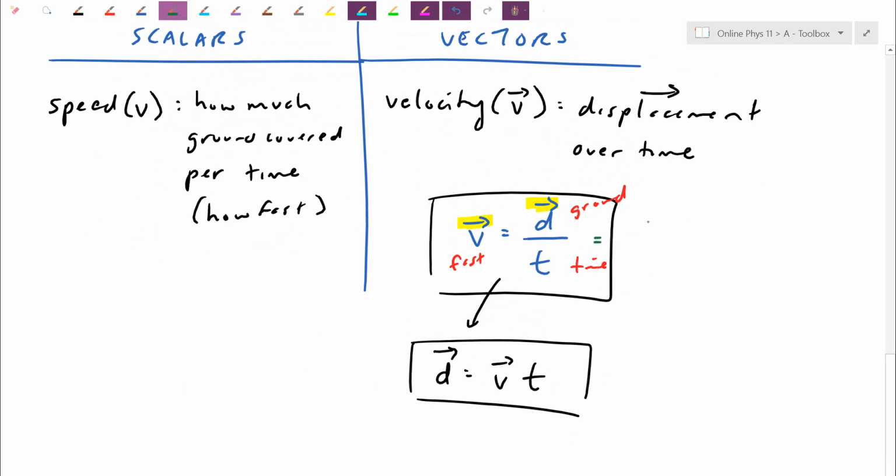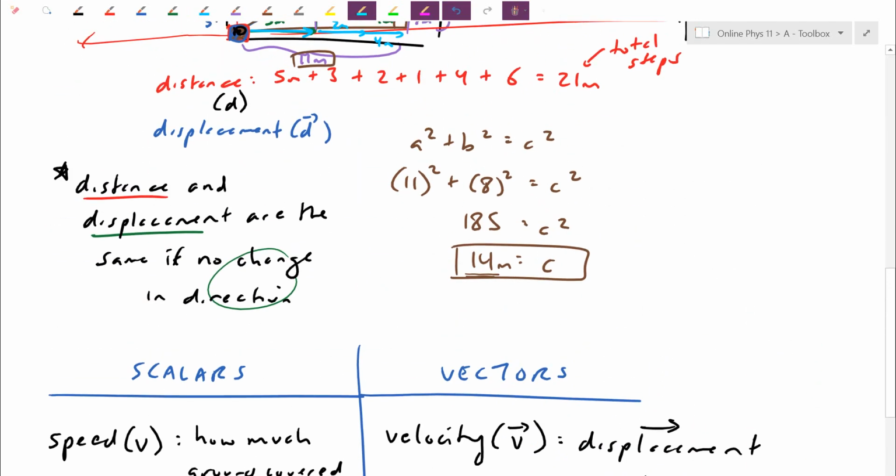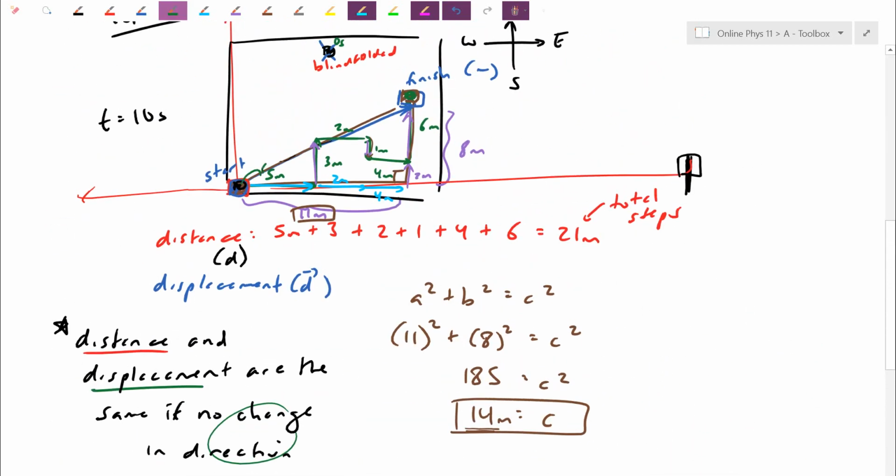I got 14 meters away from my starting point. If it took 10 seconds, my velocity is 1.4. Every second traveling along this diagonal, you would have traveled 1.4 meters. I know you realistically did not do this diagonal, but between me putting on the blindfold and taking it off, if I gave you 10 seconds and you managed to get 14 meters away from your starting point, it's like you traveled 1.4 meters per second.